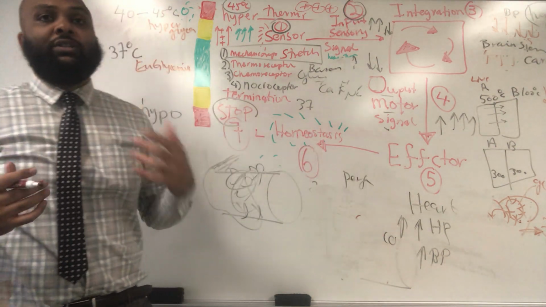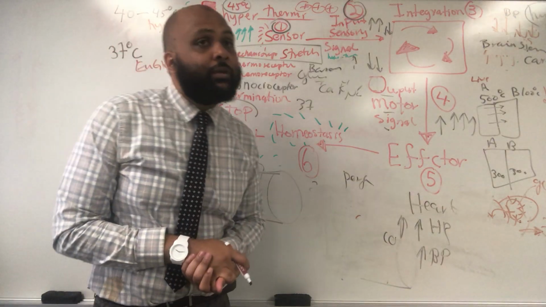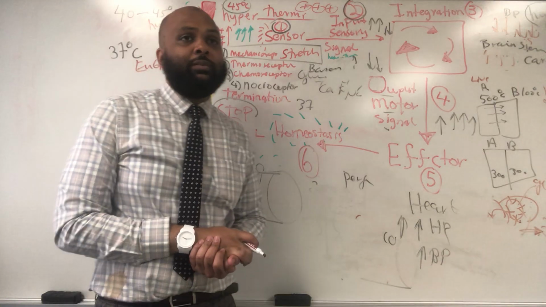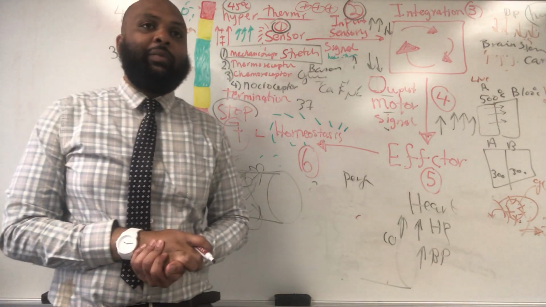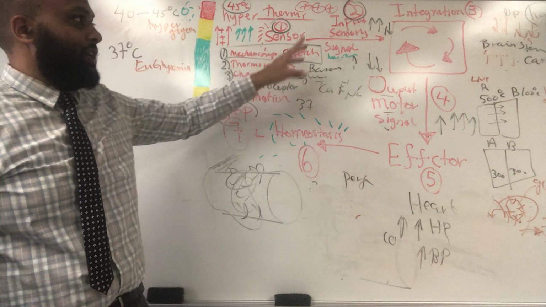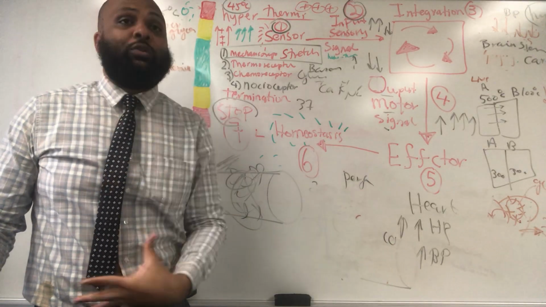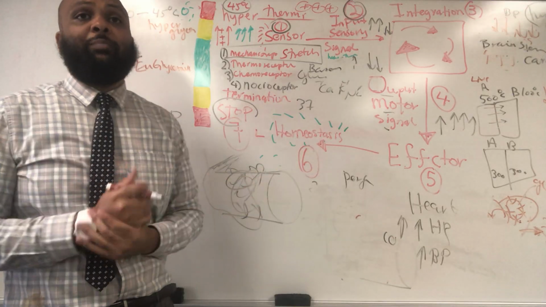So now we study reproduction. When we study the male reproductive system and the sperm, and the female reproductive system and the ovary and the eggs, and the growth and development, we're not going to be talking about homeostasis there, because now we're not talking about the health of the individual. Now we're talking about the entire population.